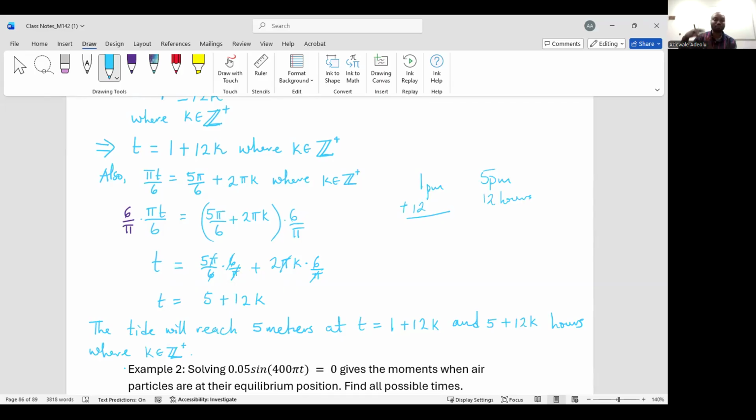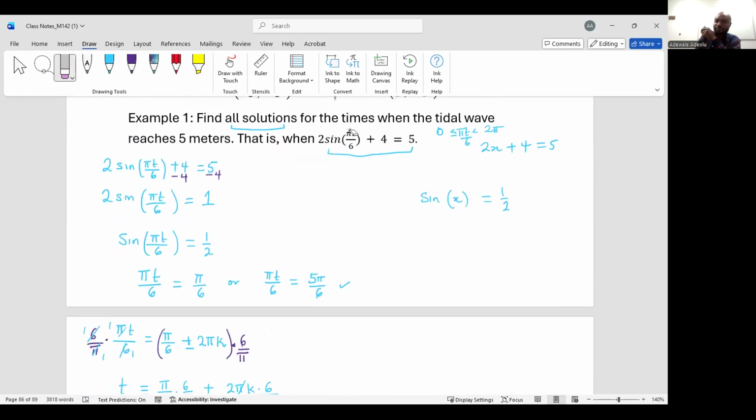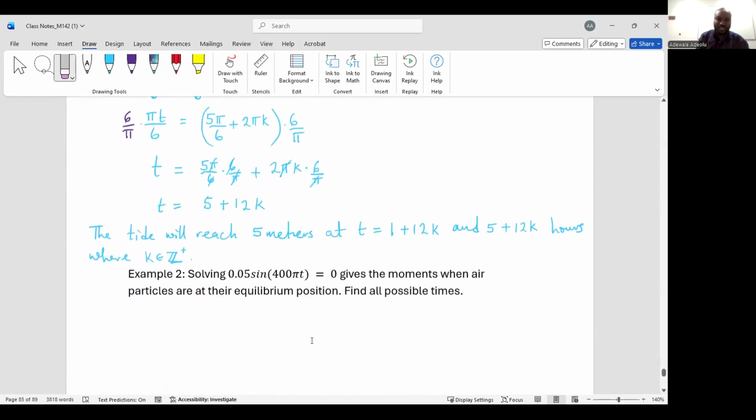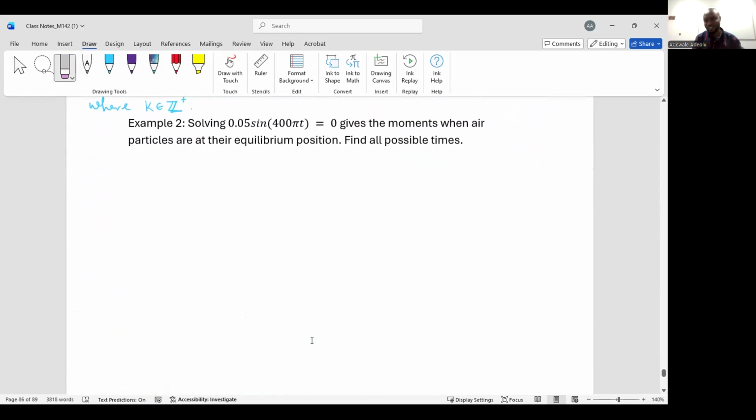That is why you can approximate, tell people when such periodic events will take place. This is a lot going on there, but it is just our ability to recollect our work with the unit circle and to account for the fact that we are looking for time, and also that we have infinitely many solutions. So we need to account for everything. So that is that. Let us take another example.